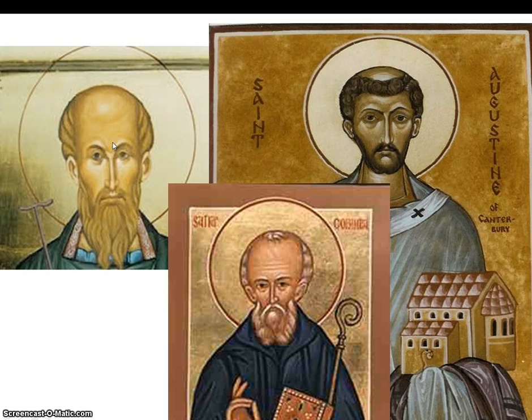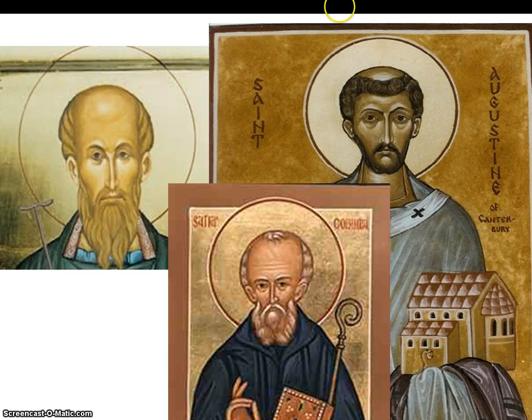And you notice that Columba and Aidan have this, the front of their hair is completely gone. And that Augustine has hair in the front, but he has this shaved area up on top. And to me, and to most of us, this seems like just not a very important thing.